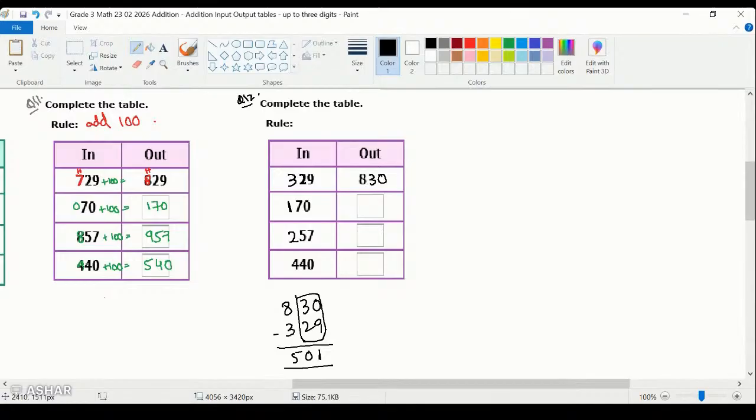So 501. I'll just verify again. 329 plus 501. 1 plus 9 is 10. This is 3. 830.